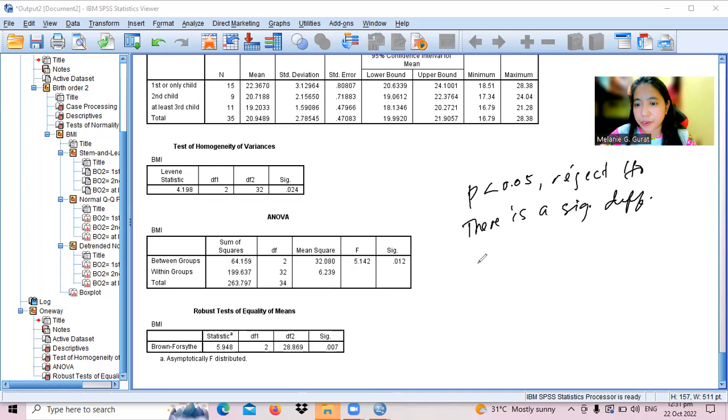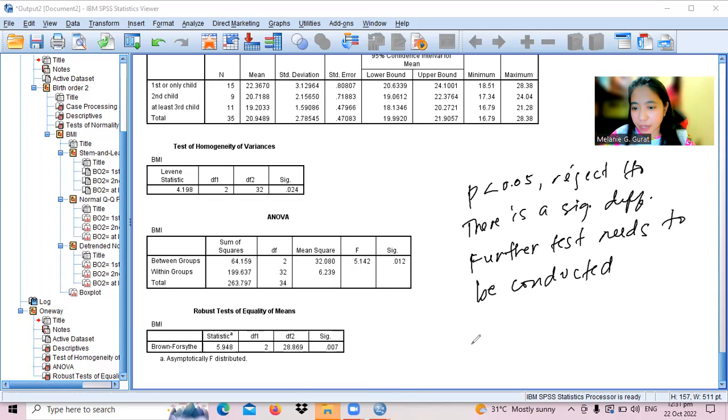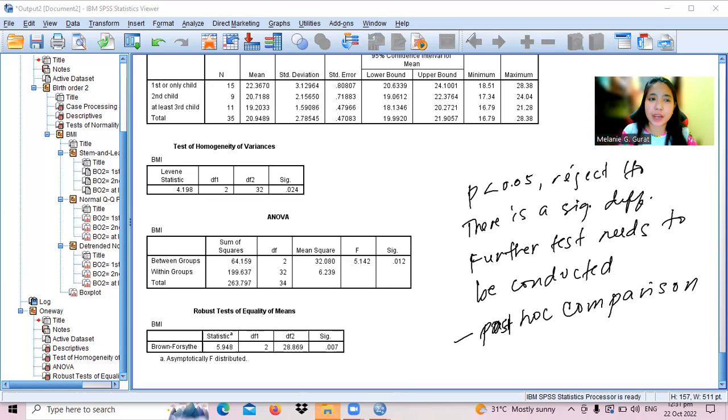It means that further test needs to be conducted. And that test would be what we call the post hoc comparison test. In using the post hoc comparison test, we will be comparing the mean for the first or only child compared with the second child compared with at least the third child.